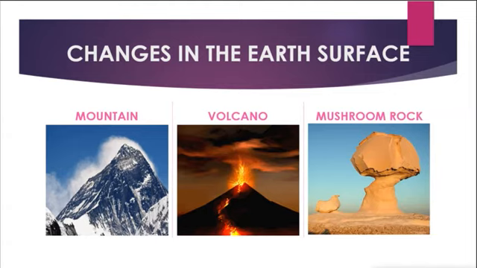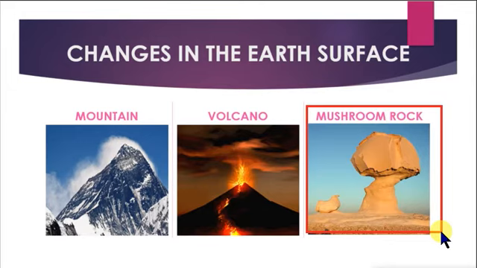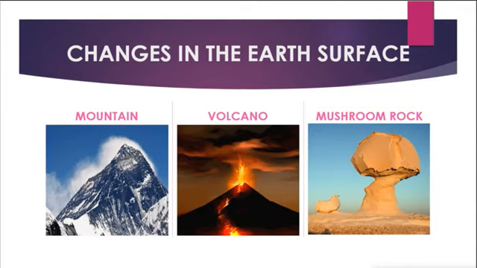These forces create changes in our environment, and we can see these changes in our surroundings, like sand dunes and mushroom rocks, which are created by wind, and how sea arches and stacks are made by sea waves and by waterfalls.